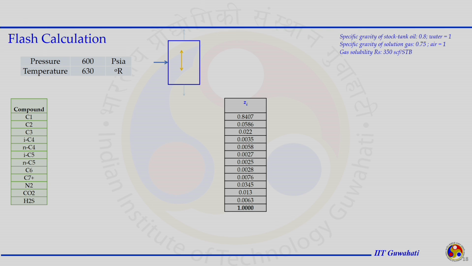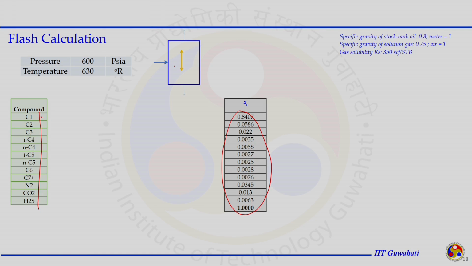So, in that example, a feed of this composition is entering a separator, and with the help of chromatography or other devices we can estimate the composition of that feed. It is mostly dominated by methane with some other compounds present.